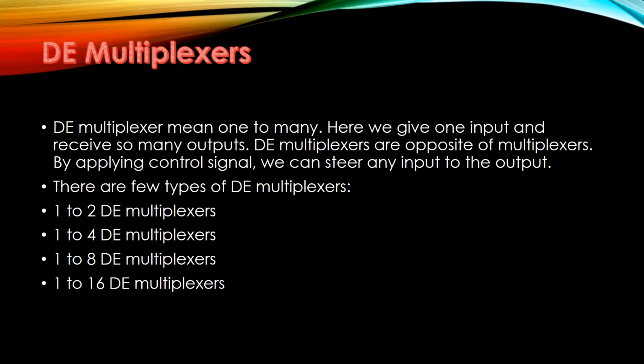In multiplexers, we have many inputs and one output. In DEMUX, we send only one input and get many outputs. So this is one to many. By applying a control signal, we can steer the input to any output. Let's check whether it's working correctly.